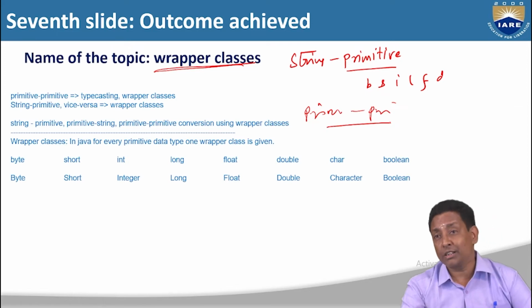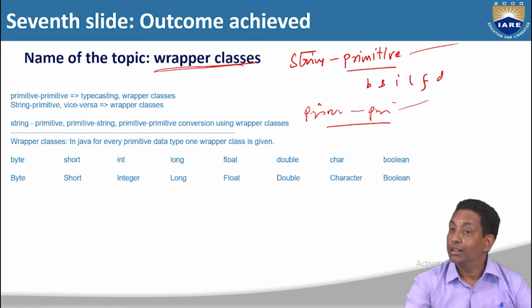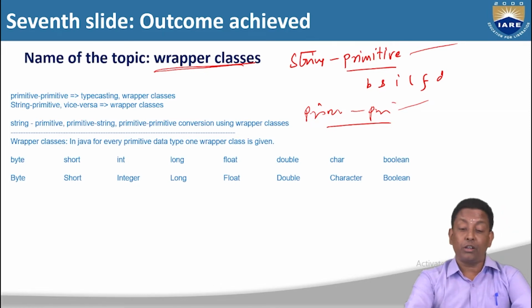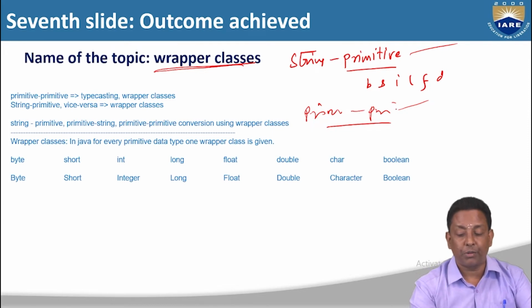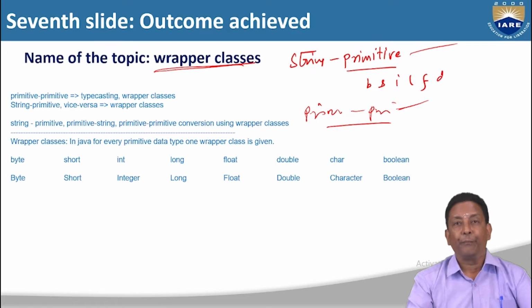Wrapper classes are used for both primitive to primitive conversion as well as string to primitive conversion. Typecasting is used only for primitive to primitive conversion. So we will see how wrapper classes do these two.